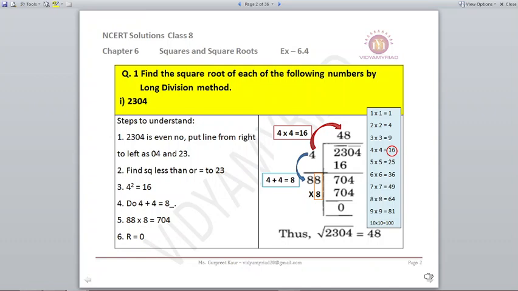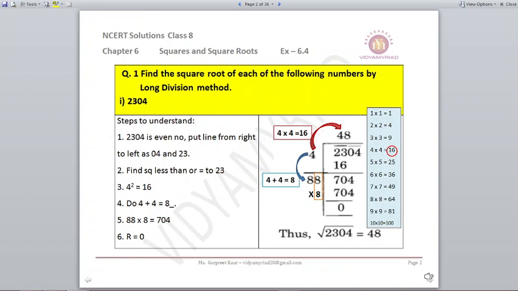We can see that 4 4s is 16, 5 5s is 25. So I will consider 4 4s 16 as the number needs to be smaller or equal to that number. After doing that, 23 minus 16, it becomes 7 and you will put down 04. So 704 will be your remaining part.